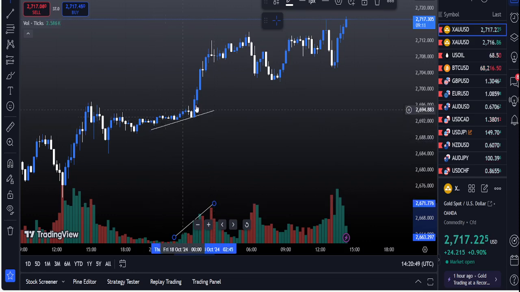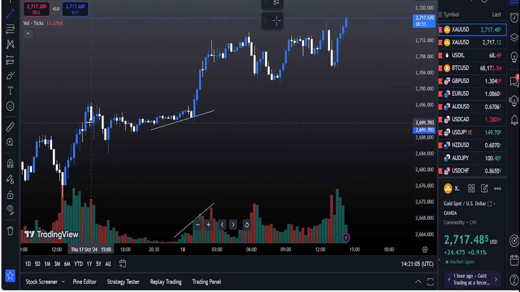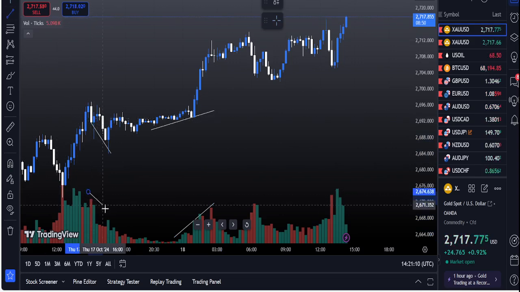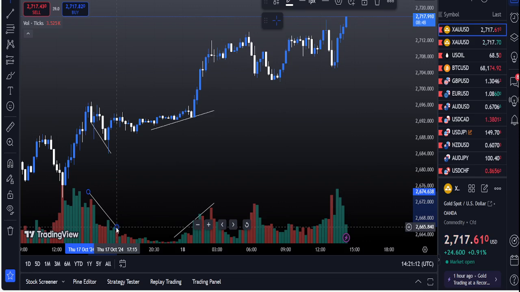Whenever price is going up, whenever candlesticks are going up, and volume is also increasing, that's called bullish volume. And when price is going down and volume is decreasing, that is also called bullish volume. So there are two cases. In one case, price is going up, candlesticks are going up, and the volume is also increasing.